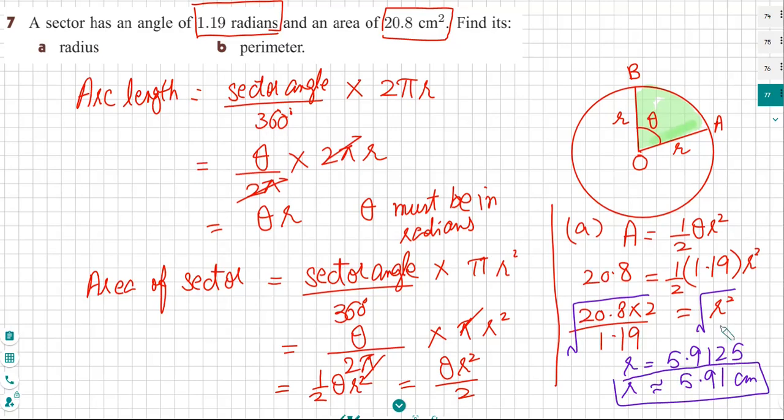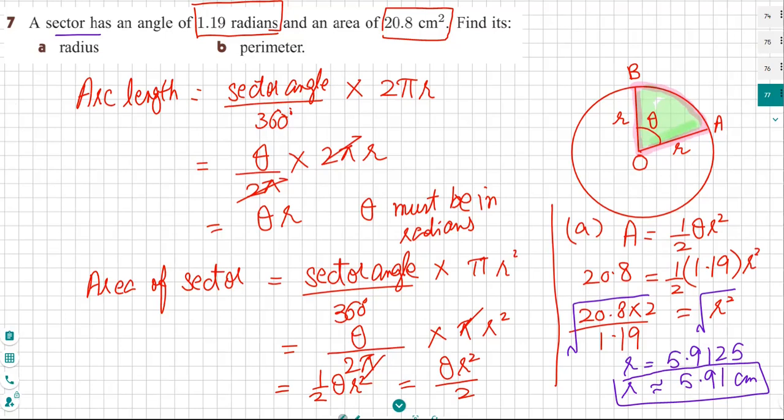Okay, next thing is to find the perimeter. Perimeter of what? Perimeter of the sector. If you say this sector, the perimeter will be this arc length plus R plus R. This total length is basically the perimeter of the sector.